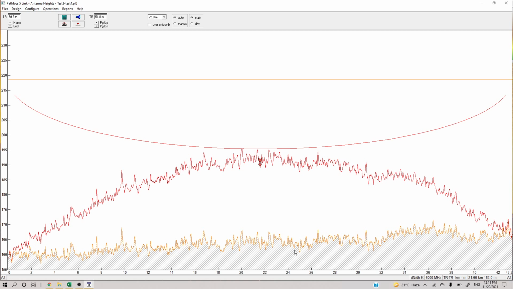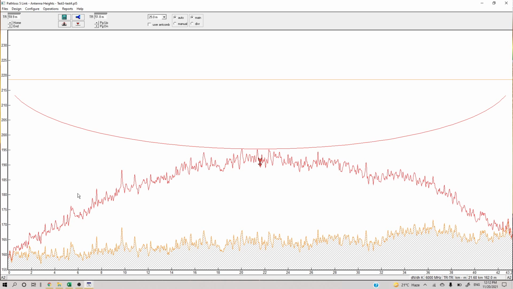I mean, this is the visible earth, and this red is the earth which is seen by the microwave link. So if I put an antenna here at only 10 meters, and I put an antenna here, both of these antennas will be visible to naked eyes.